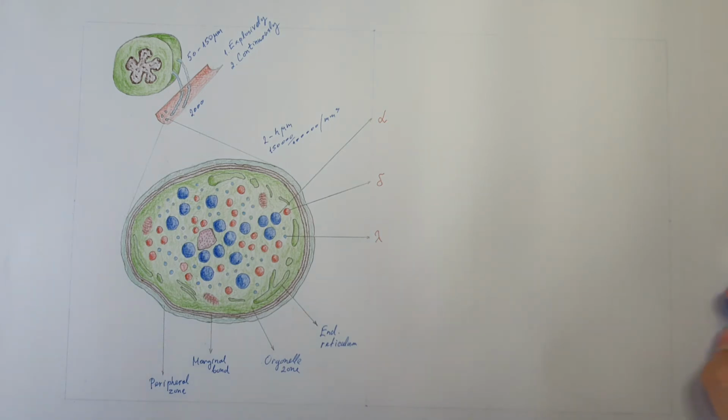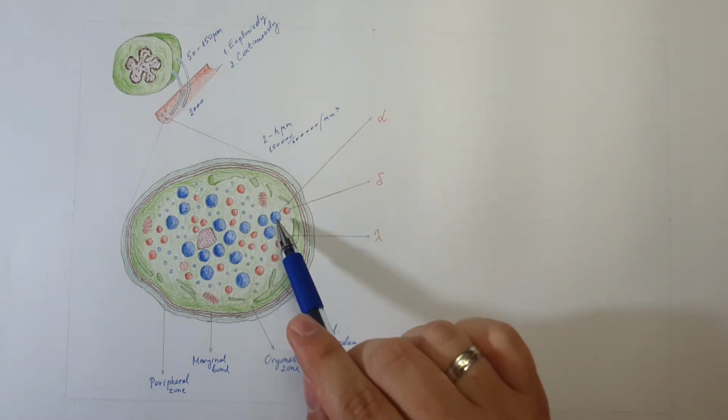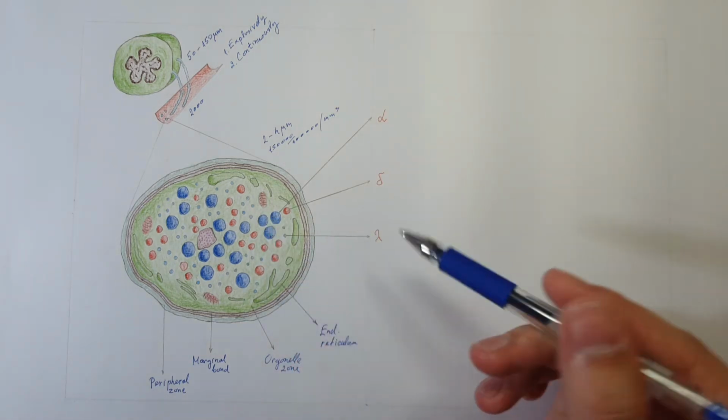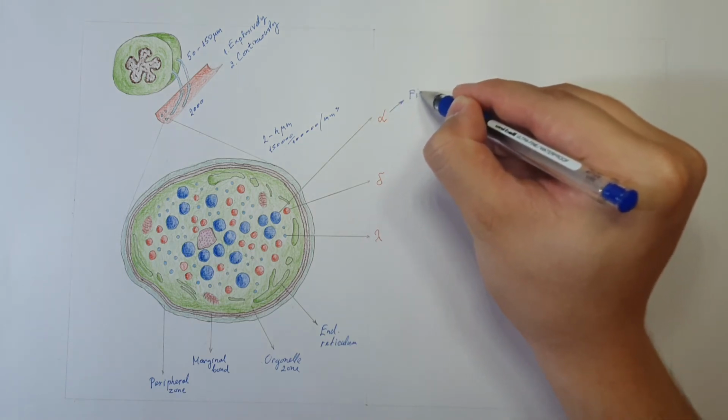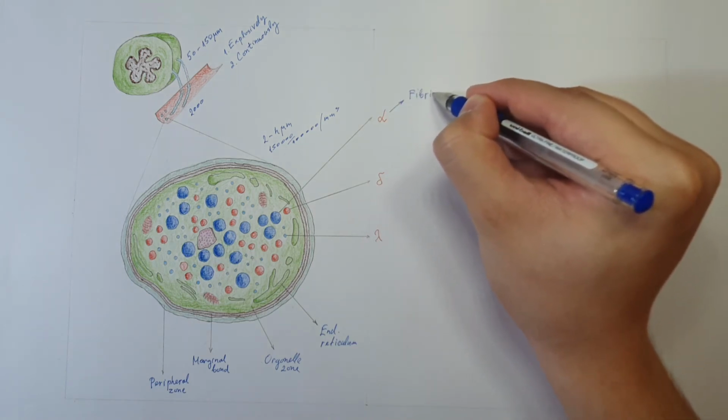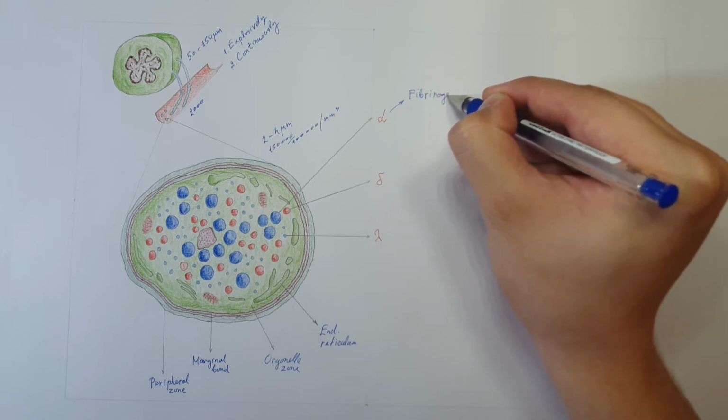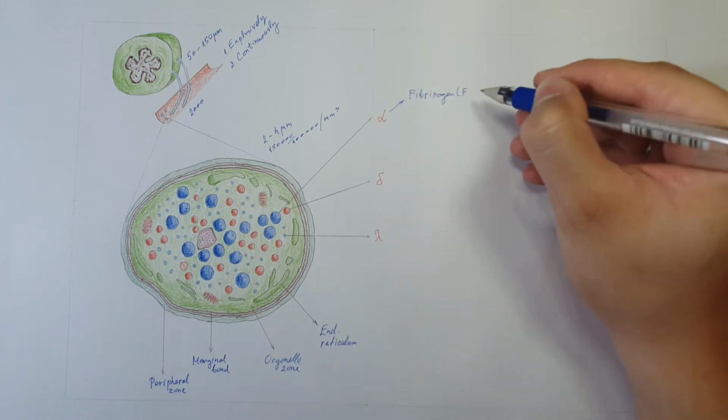These granules have in them molecules that are important for the function of the thrombocyte, and that is blood clotting. If we now look at what is in these alpha granules, they have, for example, fibrinogen. It is also factor 1.